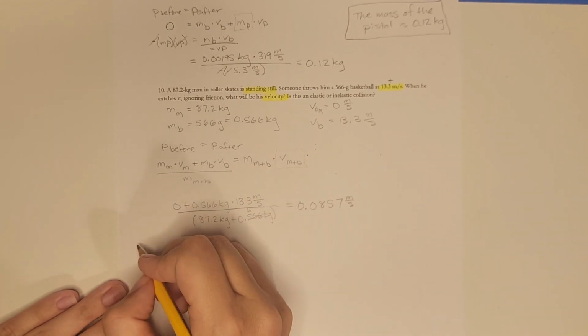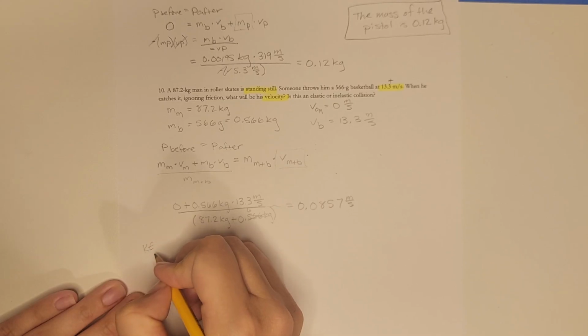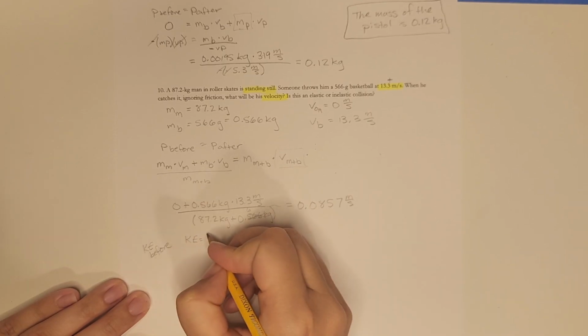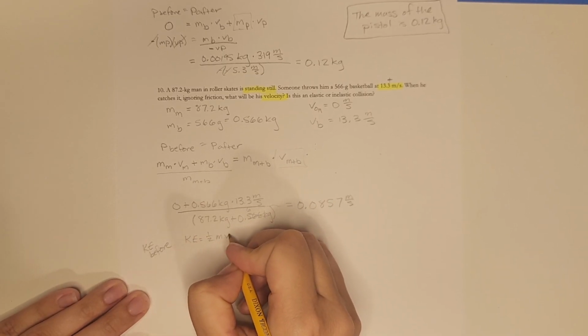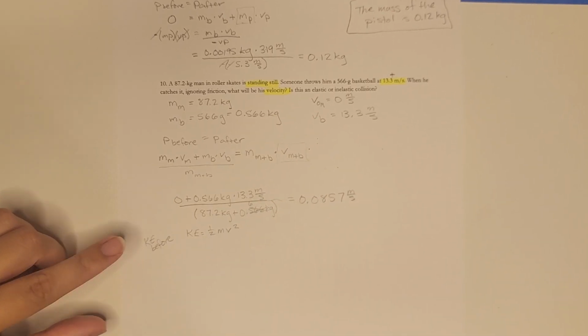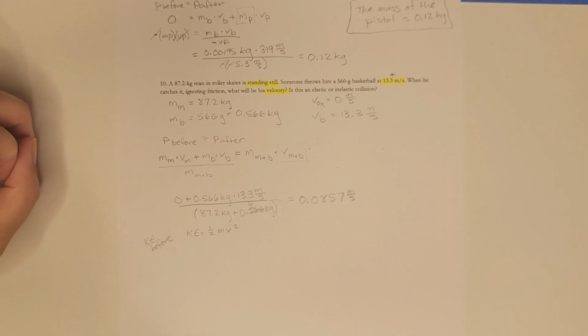So let's do that. We have kinetic energy before, and just as a reminder, kinetic energy equals 1/2 mass times velocity squared. Now, before, just like with the momentum, we have 2 parts, right? We have the kinetic energy of the man and the kinetic energy of the ball.